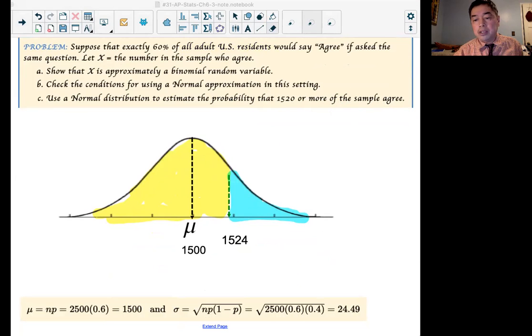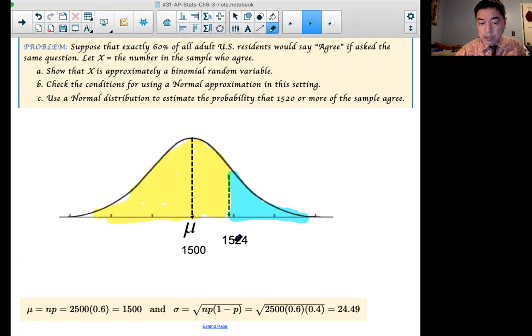So you can go to second, VARS, and normal CDF, okay? This is negative infinity, but we have to go to positive infinity that way. So the cutoff line is 1,524. I'm sorry, 1,520. 1,524 was the one standard deviation above.